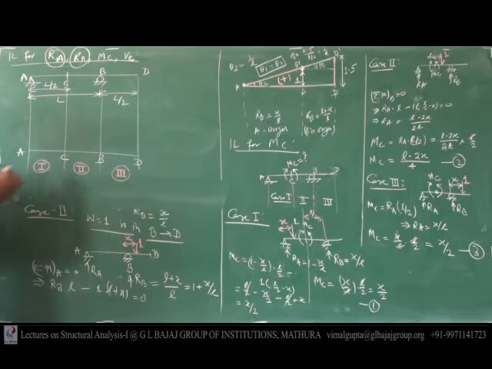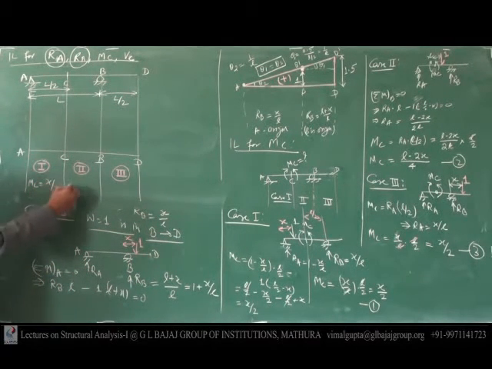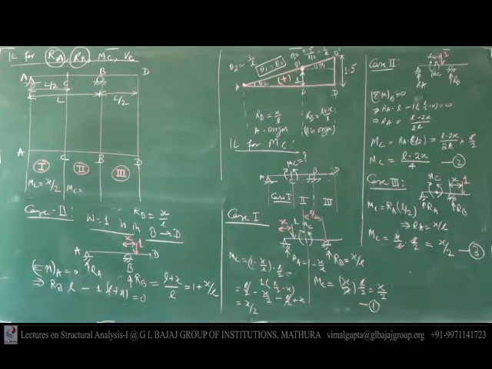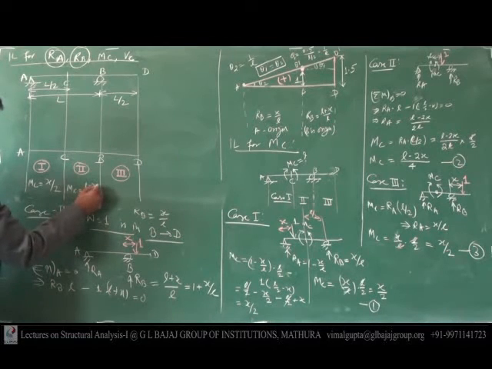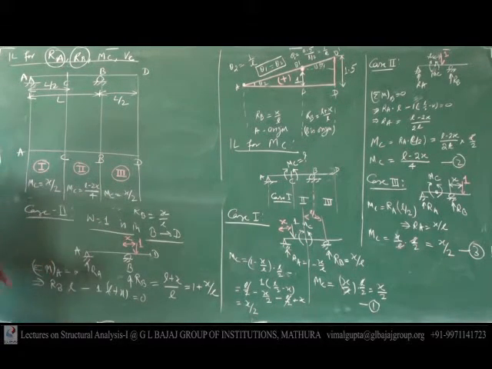And the value of MC that we have calculated: for case 1, how much is that? X by 2. And for case 2, L minus 2x by 4. And for this, again X by 2.